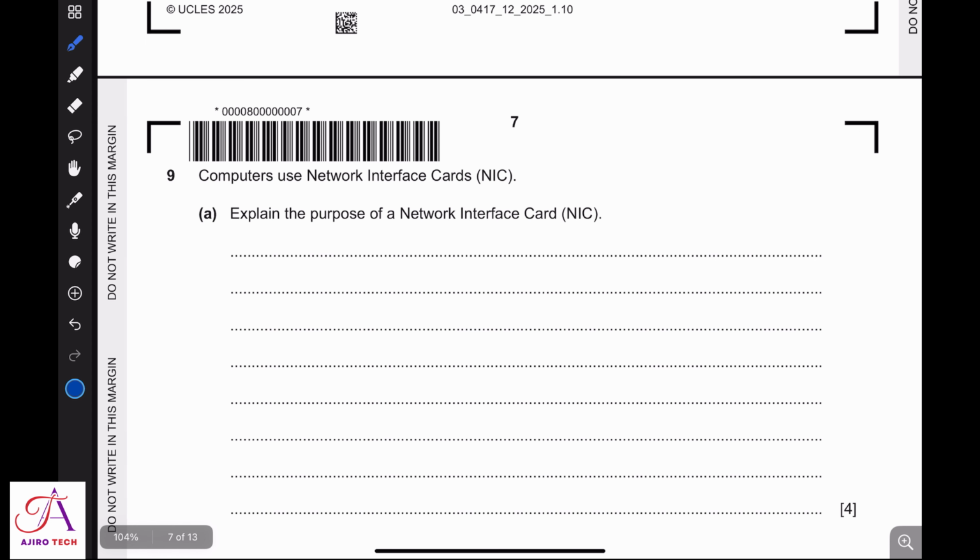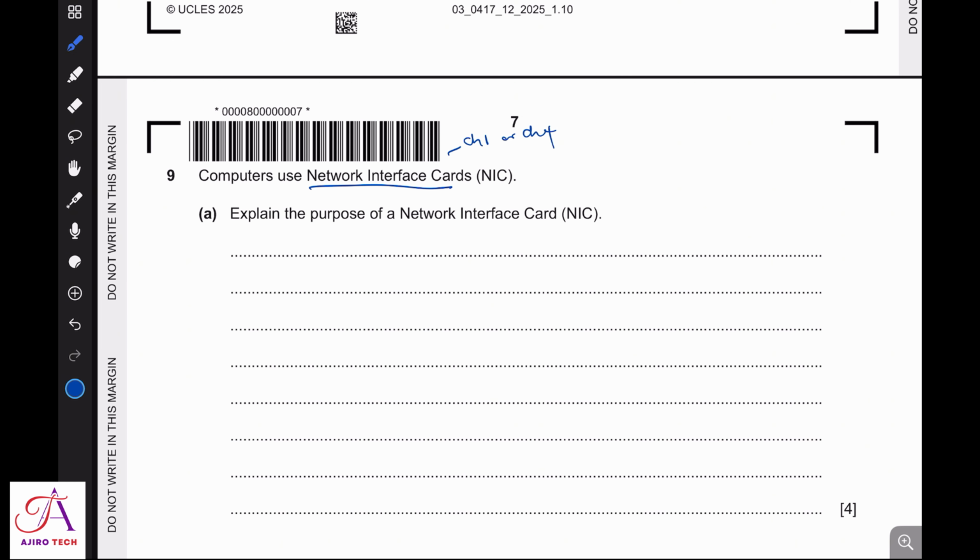So these are others. Computer use network interface card. Now, I don't know if they're talking about chapter 1 or chapter 4, because literally they all do the same thing, right? So explain the purpose of a network interface card. You can get this knowledge from chapter one, where we are talking about the internal hardware.